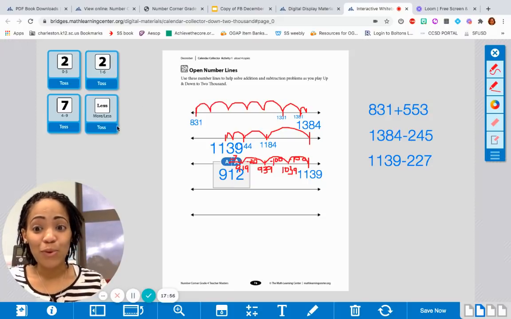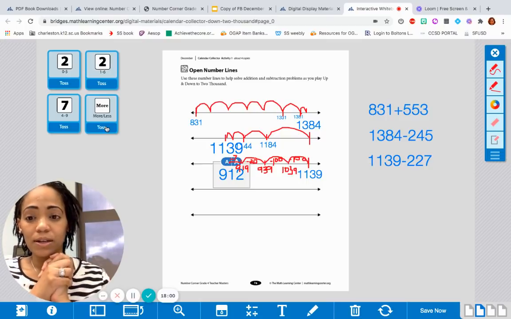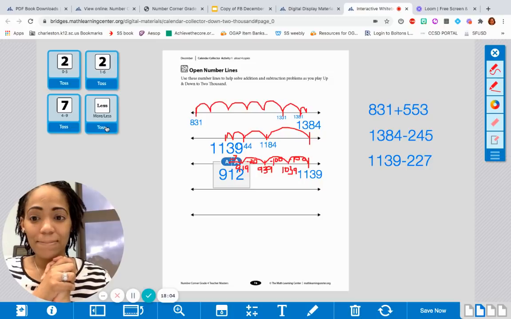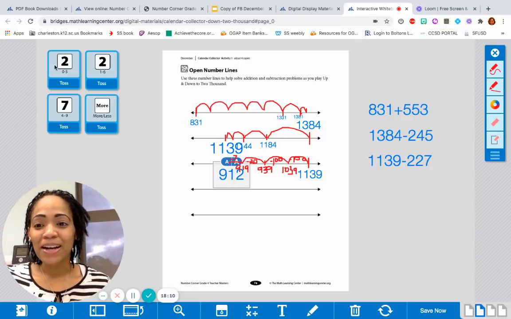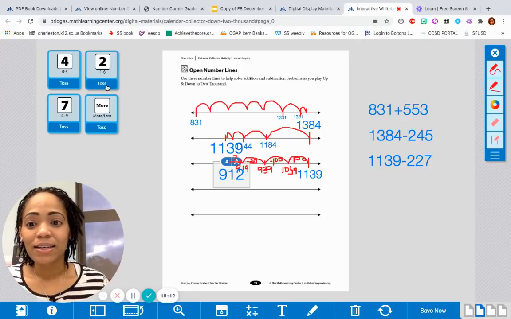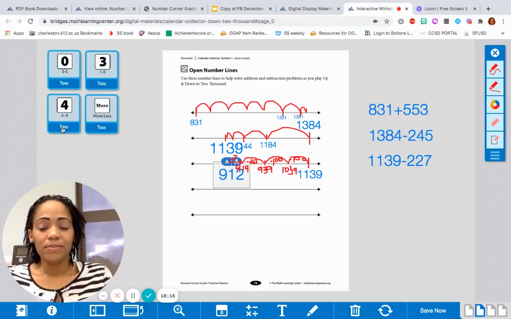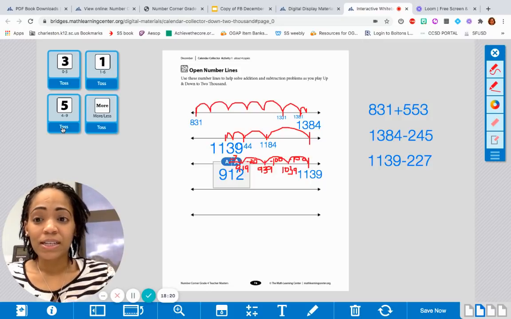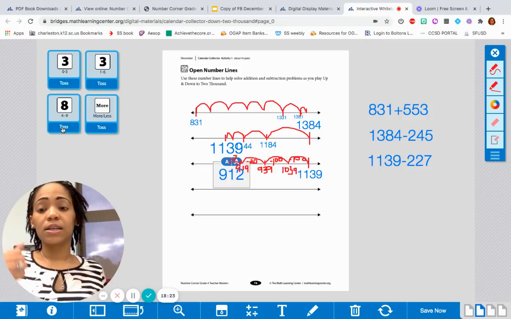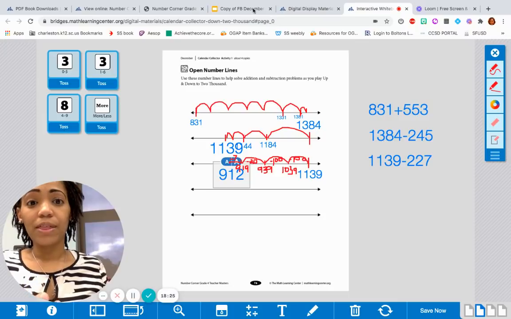Let's do our last roll for today. Please let it say more. Yes, we got more. Now let's figure out our digits. So now we're starting with 912, and we got the digits 3, 3, and 8.